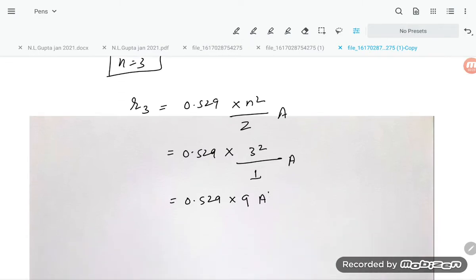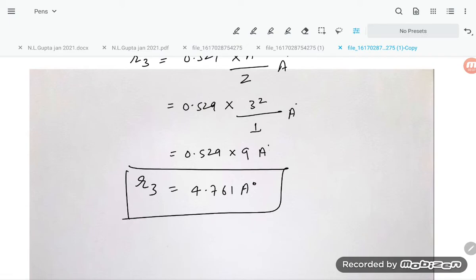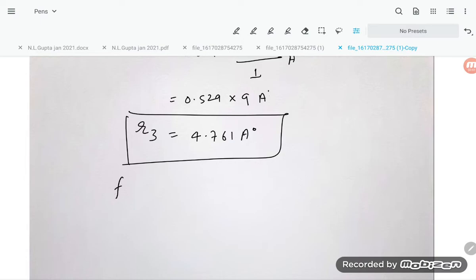Let us multiply this. Its value is 4.761 angstrom. So the third orbit radius is 4.761 angstrom.